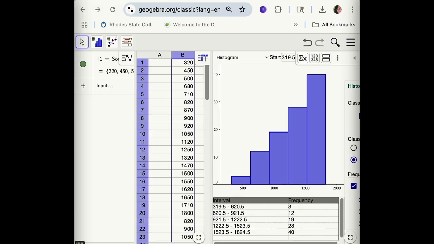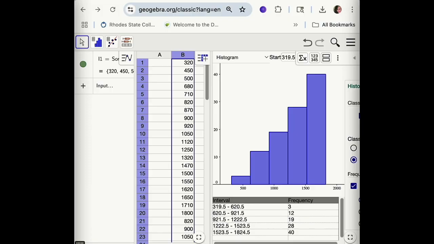We learned how to calculate midpoints and boundaries, and very important in this class, I know some people do it differently, but in this class, I'm very strict about making sure that we're using the class boundaries, not the limits, to graph our histograms. You may see other questions or in other books that some people like to use the class limits, but I like personally to use the class boundaries.